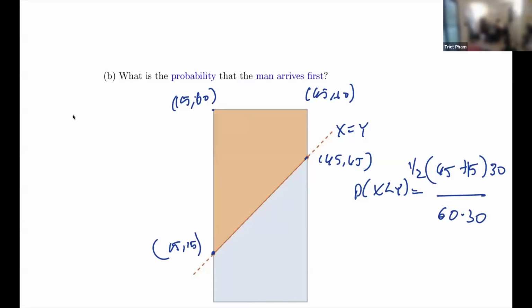All right, any question? These are relatively easy questions. They are just meant to demonstrate that for a uniform distribution over a region, sometimes the question can be reduced to a geometrical calculation. Of course, sometimes the region, even though it's geometrical, is something you cannot really draw as a simple picture.